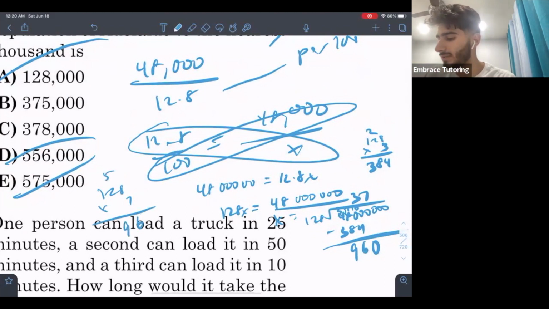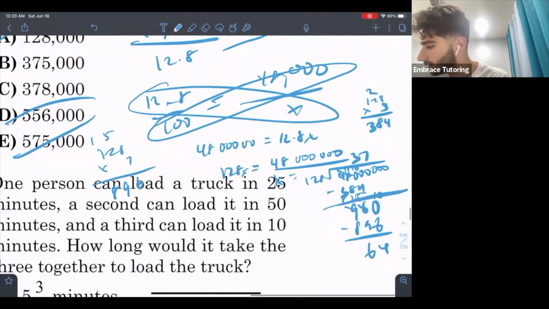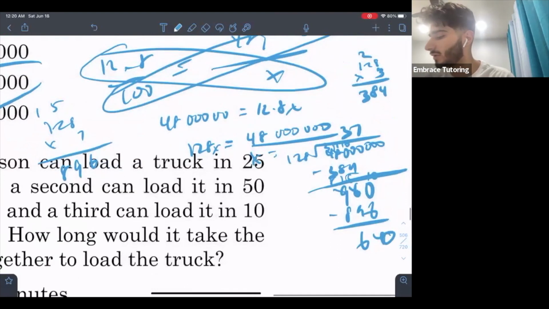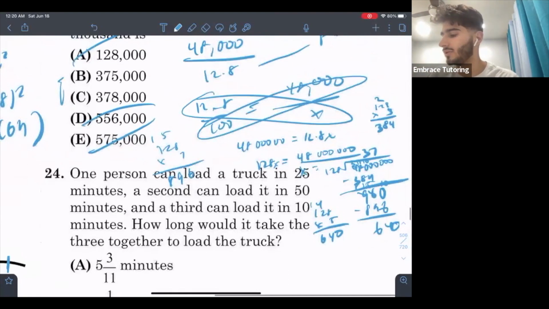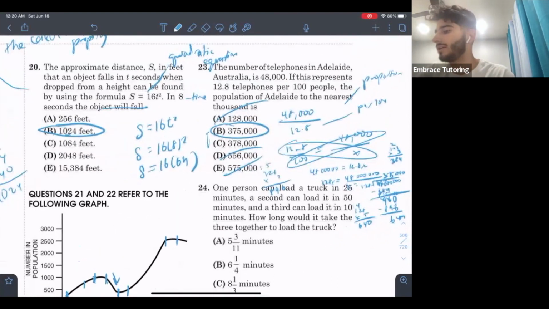So 128 times 7 is 896. Then we need to see what 128 goes into to get closest to 640. 128 times 5 is 640, which is exactly 375,000. It is choice B for 23.